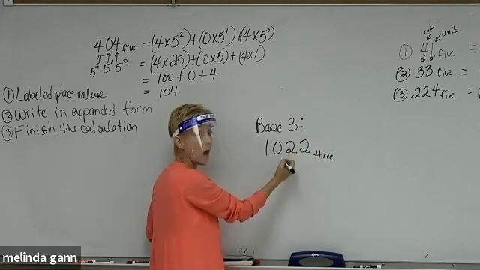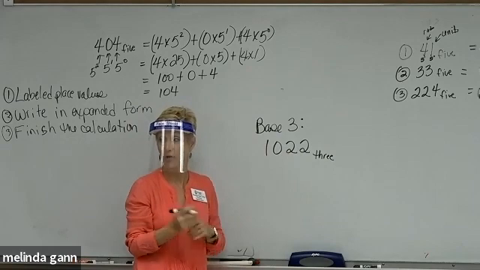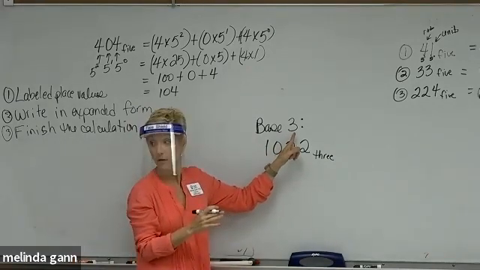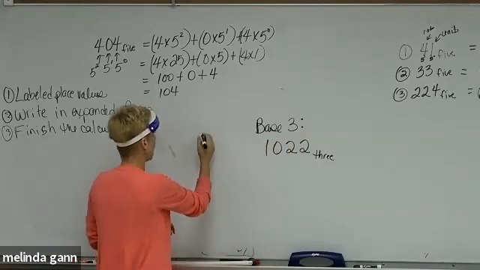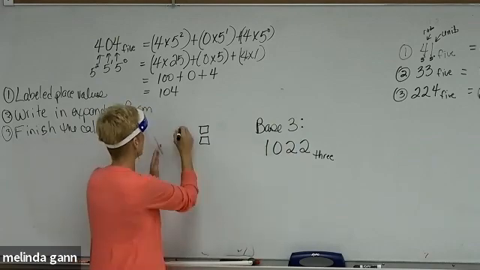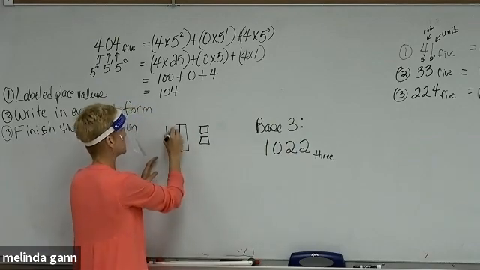Now, these are your rods, but how long are your rods now? Are they 10 long or 5 long? They'd be 3 long. So I would have 2 of these little cubes. I would have 2 rods, but how many are in the rods? 3.